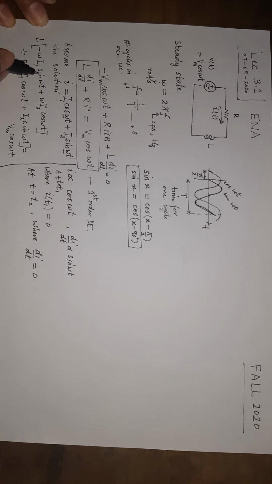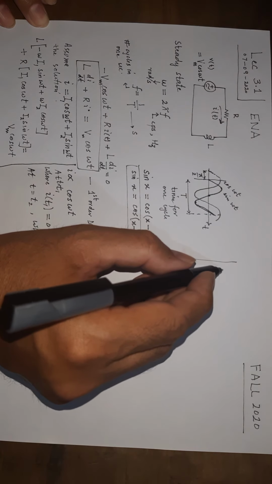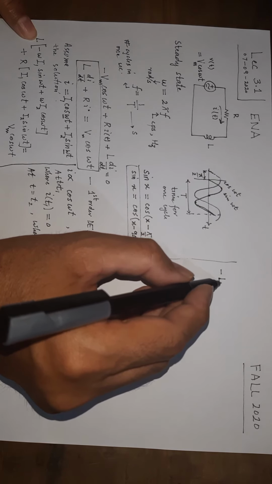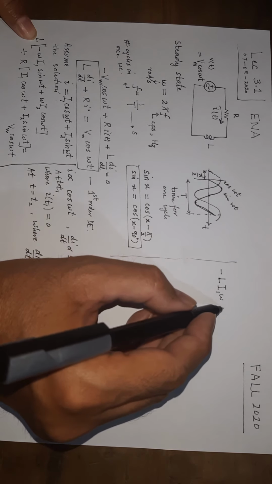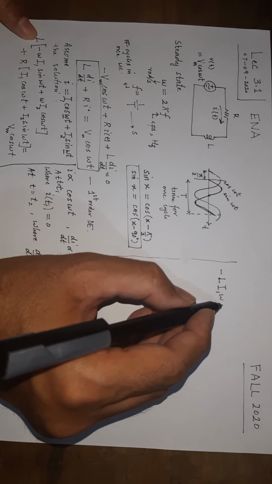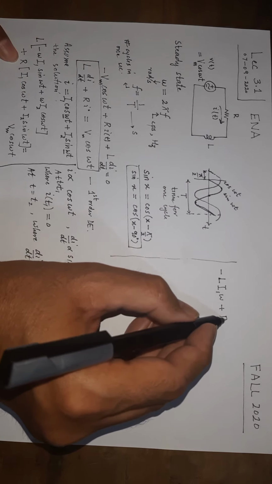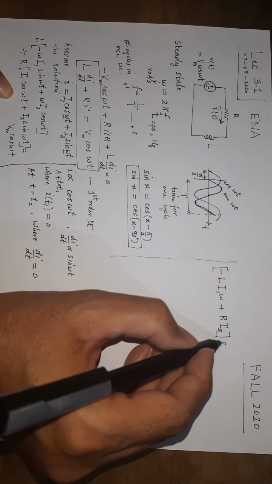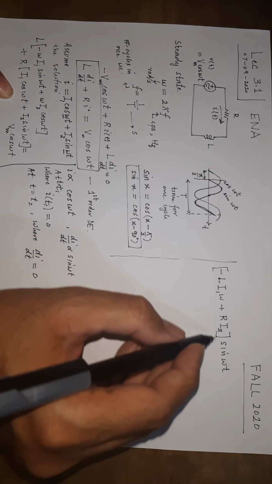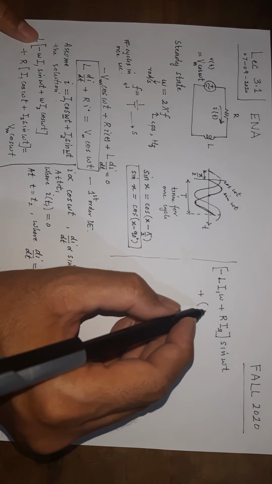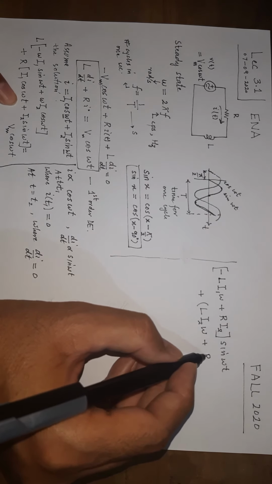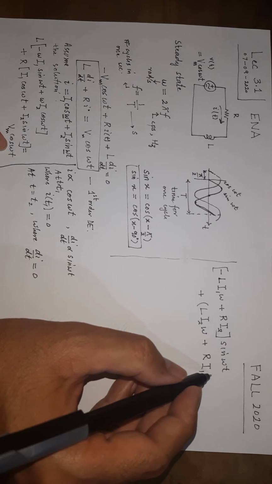So let us sum the sine terms together and the cosine terms together on each side, and we are going to get minus L I1 omega sine, and with this one plus R I2 with sine omega t, plus L omega I2 omega plus R I1, and let us take this to the other side as well.